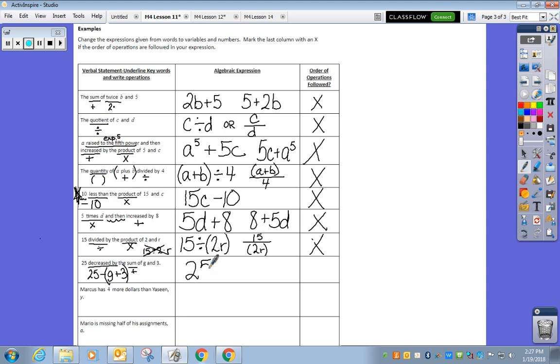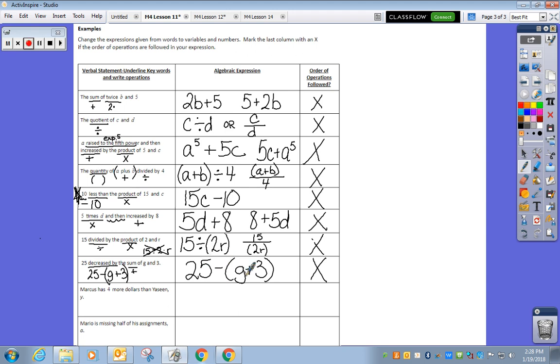So it would be 25 minus the sum of g plus 3. A lot of times these answer words tell us that we're going to want parentheses around it. Not always, but sometimes. We can't flip the order on that one either because it is subtraction, no commutative property. It has to be 25 minus that sum.